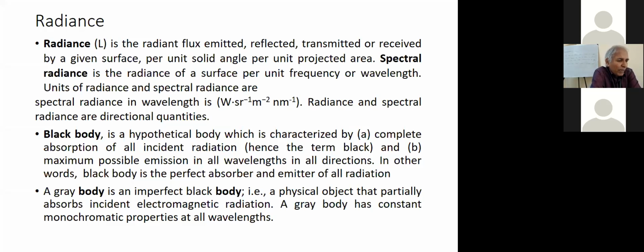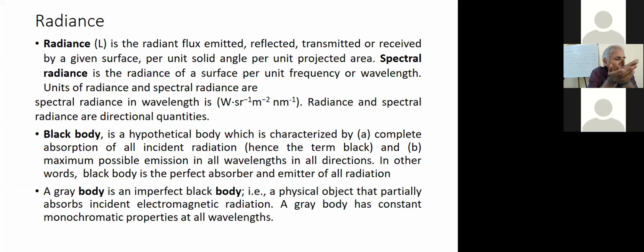It's an imperfect black body in the sense that it doesn't absorb all the incident radiation. That essentially means it does not emit the maximum possible radiation in all wavelengths in all directions. So to that extent, it is not a perfect body like a black body. However, the gray body only partially absorbs the incident electromagnetic radiation.